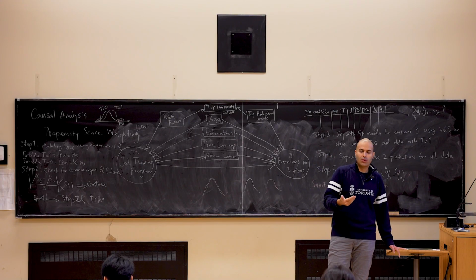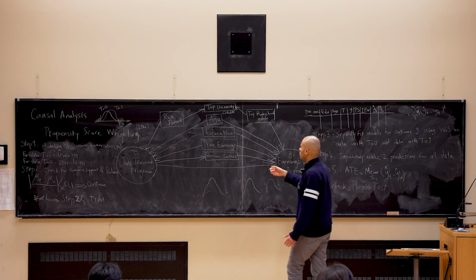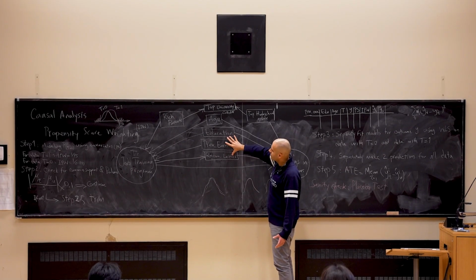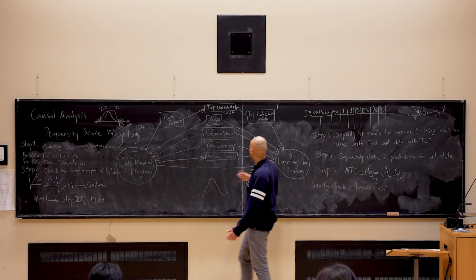There was a backdoor for age to represent itself through baldness. Here what we're trying to do is to close the backdoors, because these three covariates impact T, and through T impact Y.